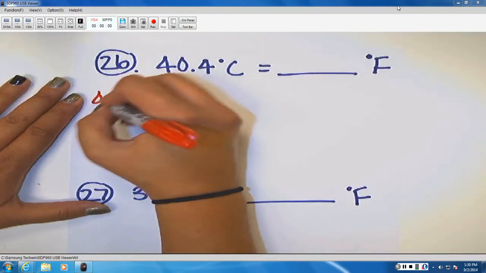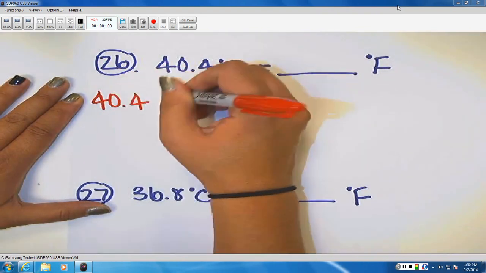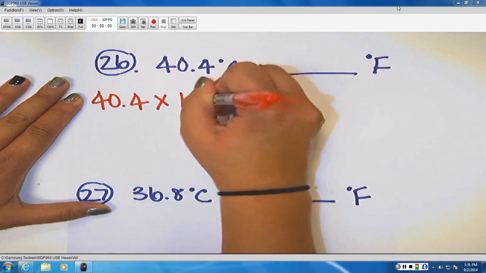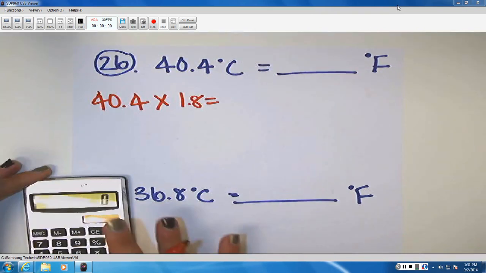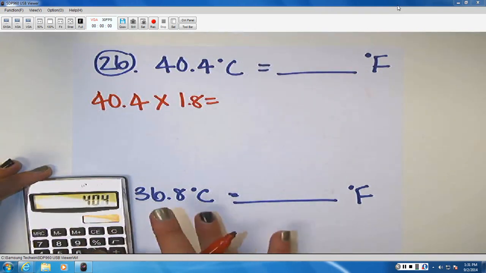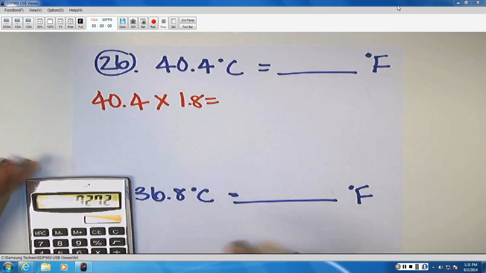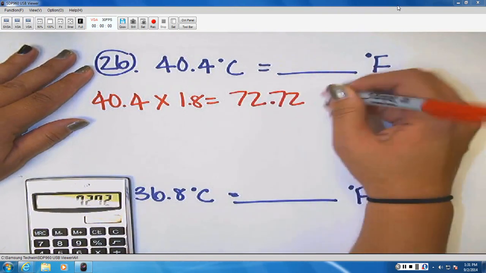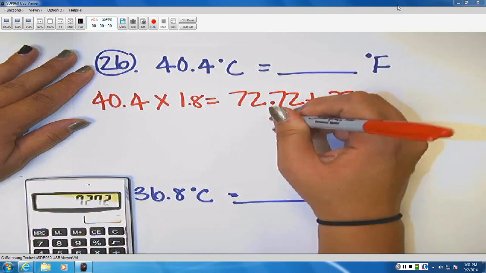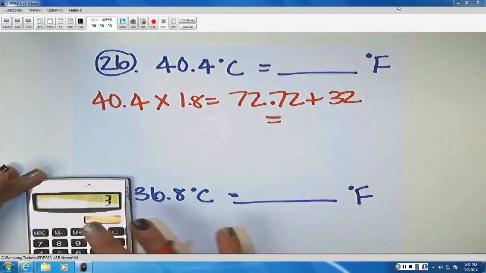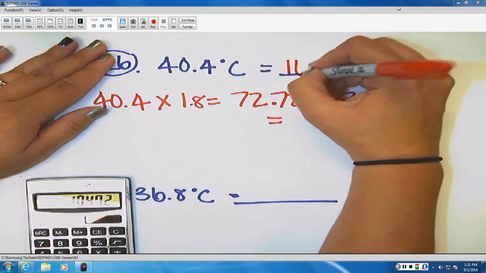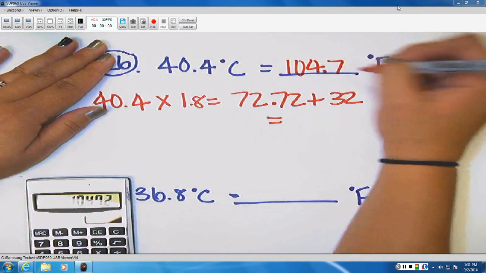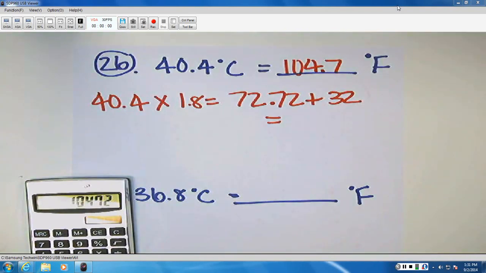So here's 40.4 times 1.8. And that gives me 72.72. And now I'm just going to add 32. And that gives me 104.7 degrees Fahrenheit.